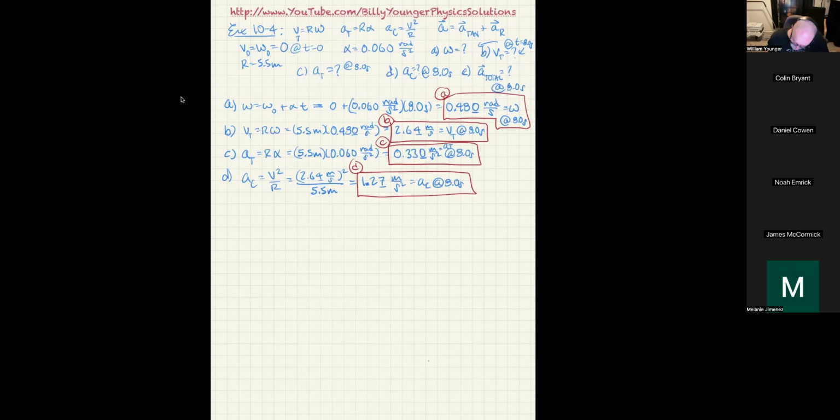Now, finally, we want a total, and as I told you, you can always break up any vector into perpendicular components, and what we're saying here is all accelerations can be broken down into tangential acceleration, which is sort of what your speedometer reads if you've got your steering wheel of your car tied up so that it stays at one particular angle so that the car is just going in a single circle. Ideally, if you did it right, it would trace out the same path over and over again.